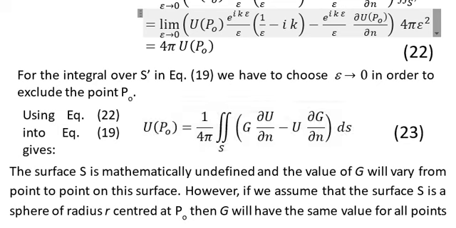So equation 23, you know, is in a very pleasant form, that gives us the expression that we can evaluate the field which was incident from outside on the surface capital S. We have its expression at the point P naught in terms of the integral in equation number 23.